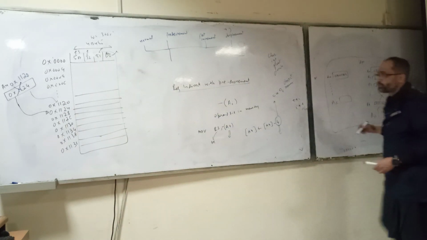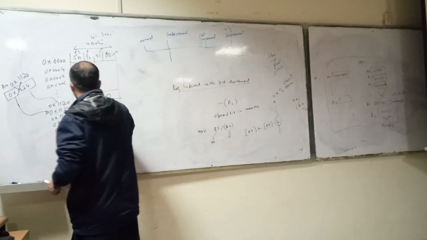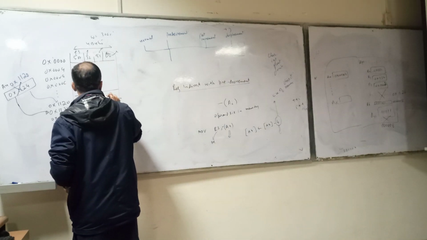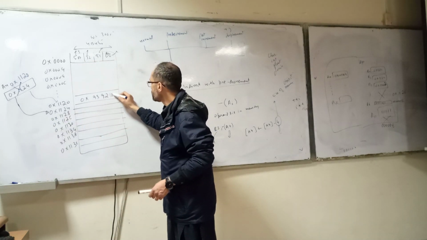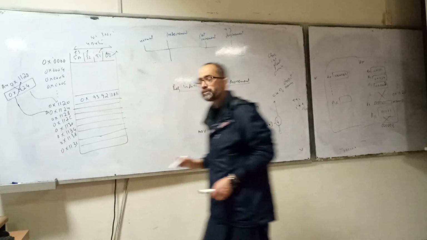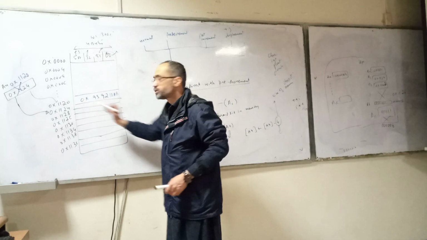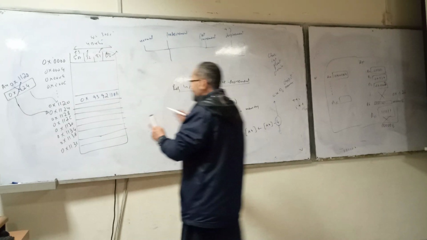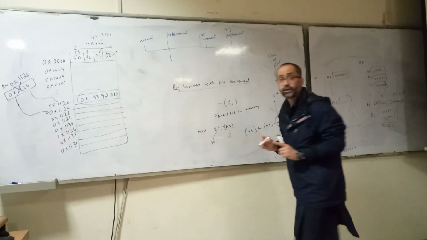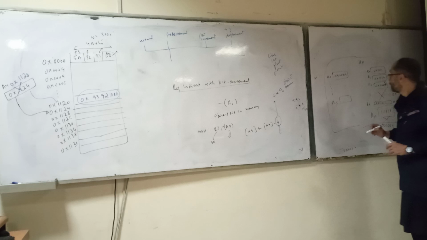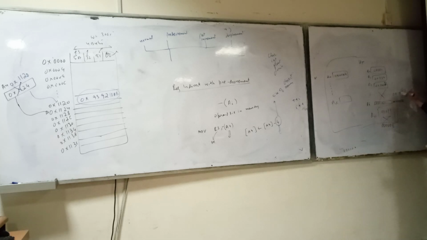Let's assume its contents are 0x939210AB. These are the 32 bits. So what will happen? These contents will be moved to R3. What is the new contents?